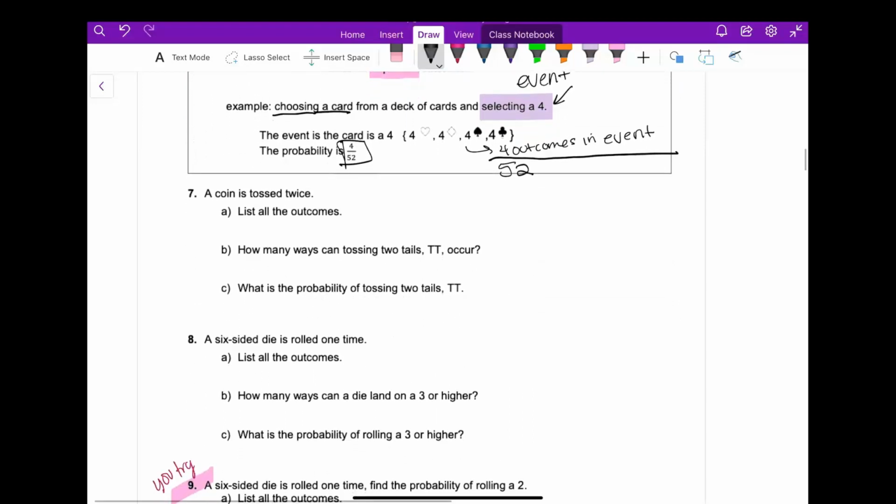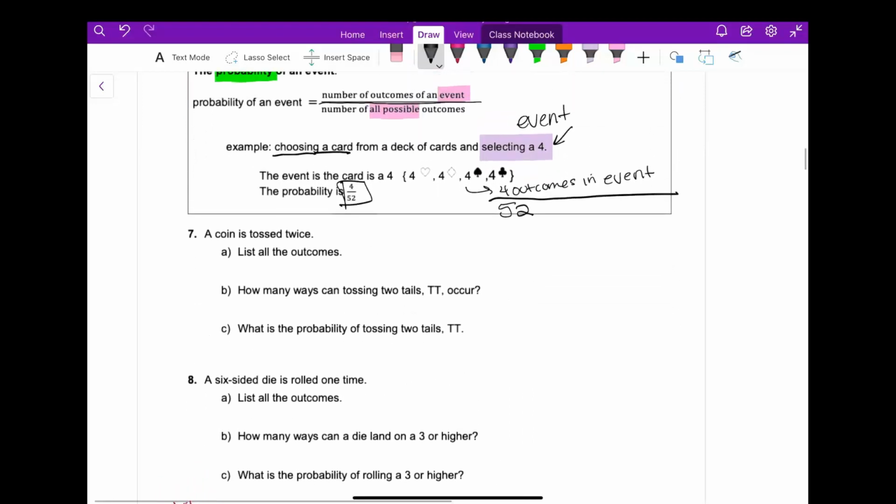Number 7, a coin is tossed twice. Let's list all the outcomes. Let me remind you of a method for listing the outcomes. You want to use a tree. You don't want to miss anything. So please take your time, use a tree, then list everything possible. So a coin is tossed. So here's me tossing a little coin. And so if I toss it, I can get heads or I can get tails.